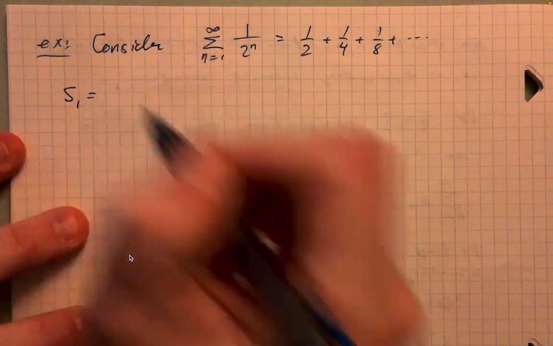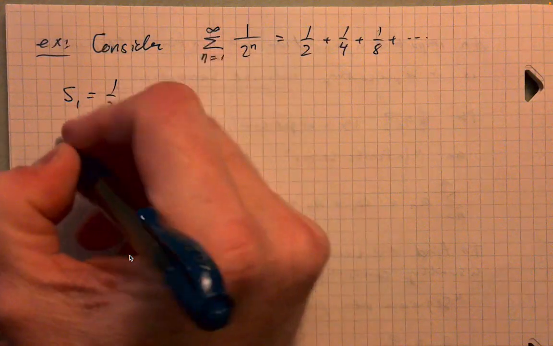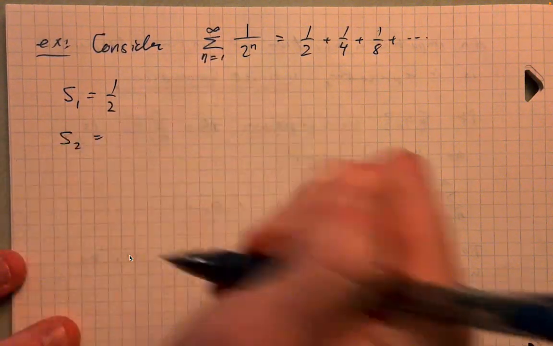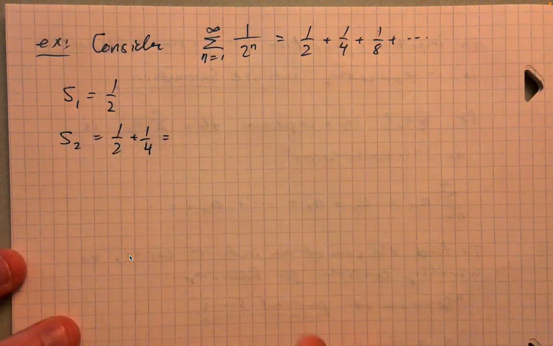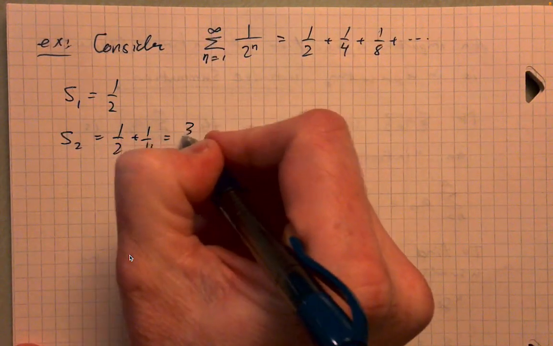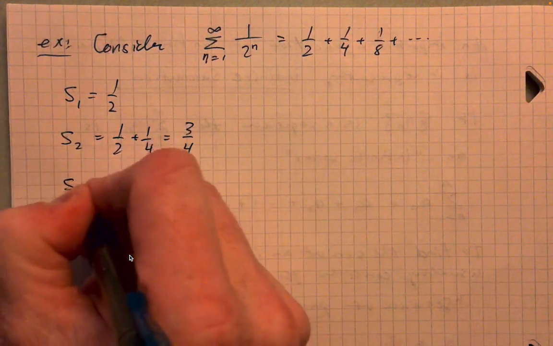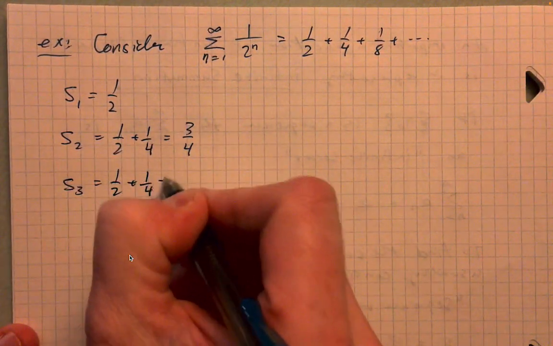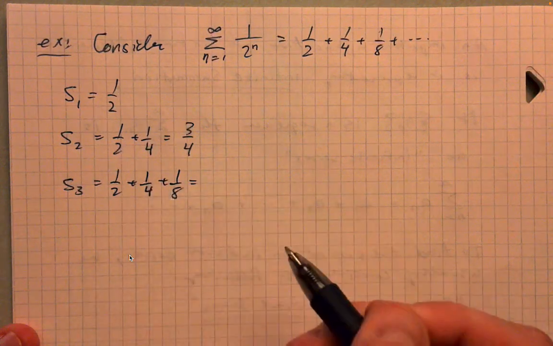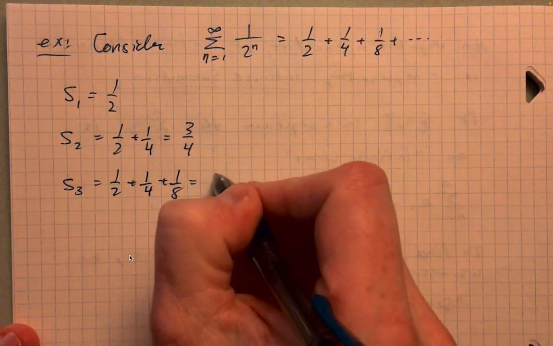S1 is going to be 1/2. S2 is going to be what? 1/2 plus 1/4, and so that's going to be 3/4. S3 would be 1/2 plus 1/4 plus 1/8, and so that one's going to be 7/8.